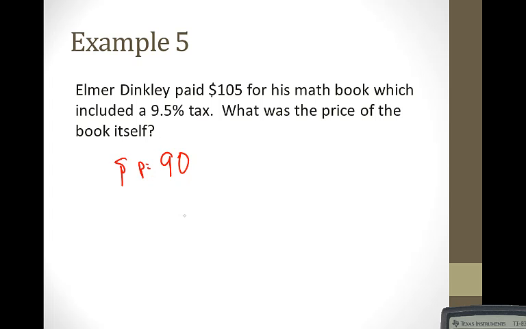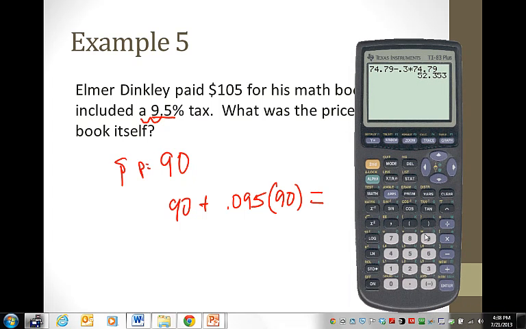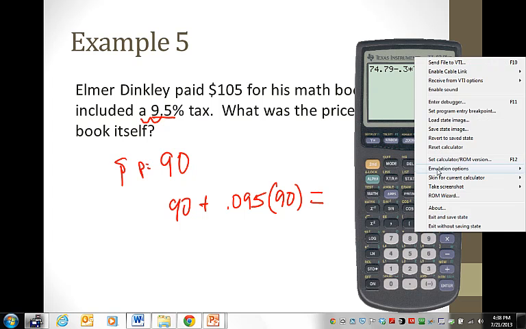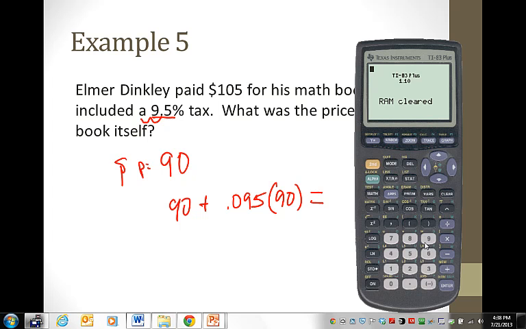Well, I would say 90 plus 0.095, right? 9.5% to convert percent to decimal, we shift the decimal place over 2 places, times 90. And that would give me the total price, whatever that happens to be. I mean, I can try it now. So we could say 90 plus 0.095 times 90.